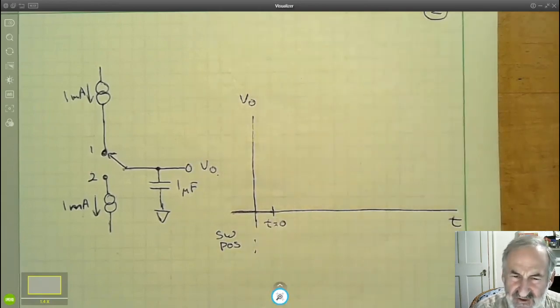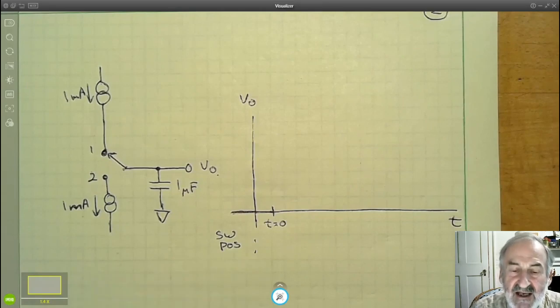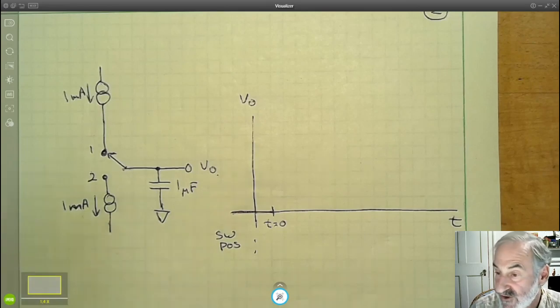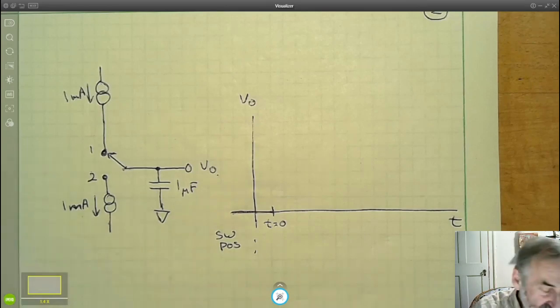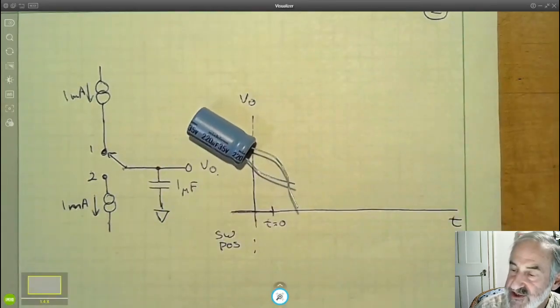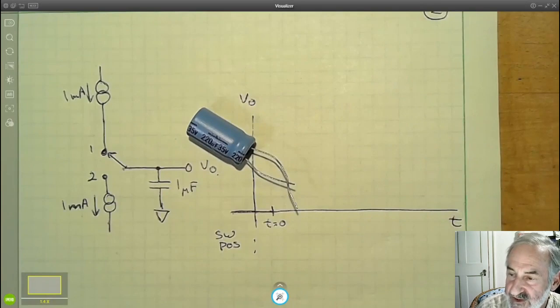Now, why do I have to do that? Well, remember, I said that if you charge up a capacitor and disconnect it from any voltage source, it retains its value. That means that if I say to you, what is the voltage I would measure across that capacitor if I took my multimeter? What's your answer?